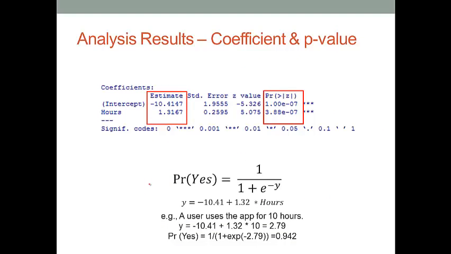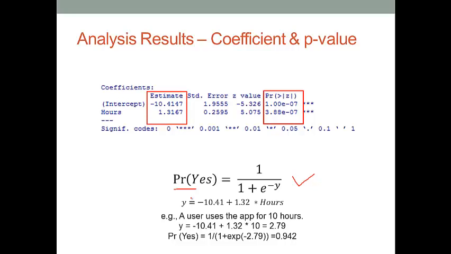The equation to calculate the probability for us to get a yes answer to the pay or not question is listed on this slide. PR in this case represents probability. This is how we calculate the probability for us to get a yes answer.